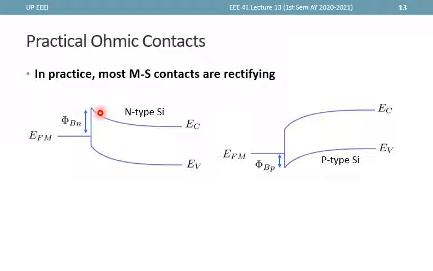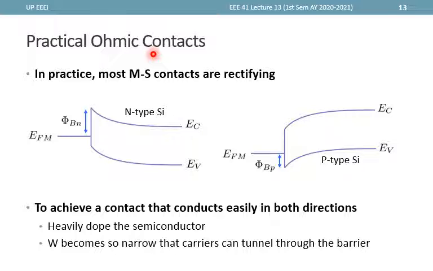So if we almost always end up with a rectifying MS contact, then how do we make an ohmic contact? We can actually achieve an MS contact that easily conducts in both directions, practically an ohmic contact, when we heavily dope the semiconductor.